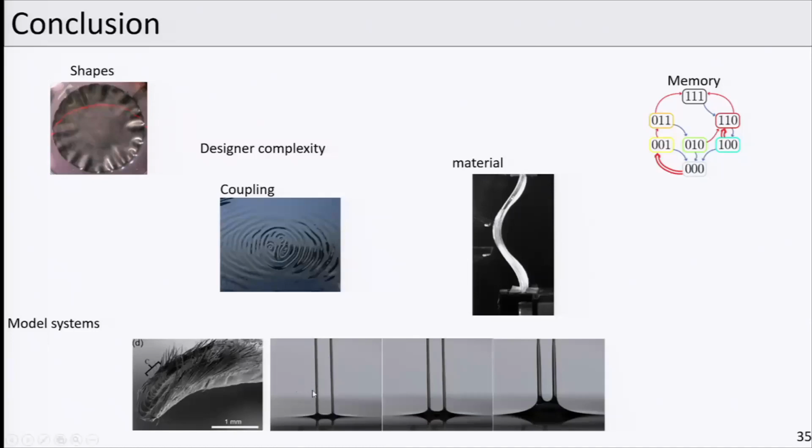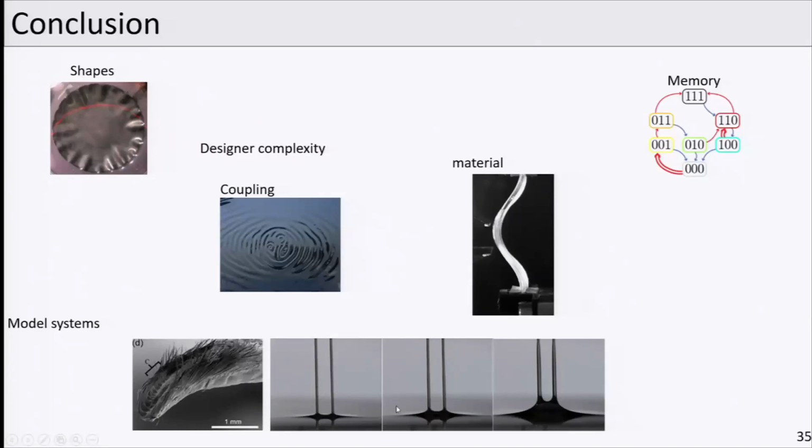So we have two glass fibers that are in a liquid, oil, and we pull them. If you don't pull them fast enough, they will just get out of the liquid. And if you pull fast enough, they will touch each other and stick to each other. We're not really sure why this happens. The deformation of the interface is important, but it might not be the only thing that matters.